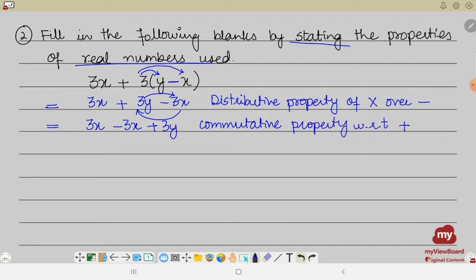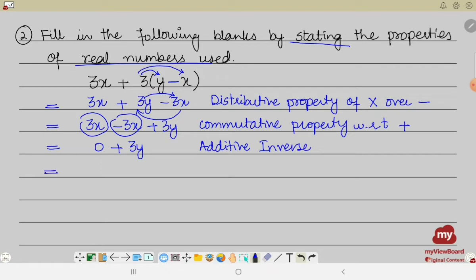Okay, now if you see plus 3x and minus 3x, when you solve them, you will cancel them out and they will get 0. This means plus 3x and minus 3x are additive inverses of each other. So we'll write down the additive inverse.